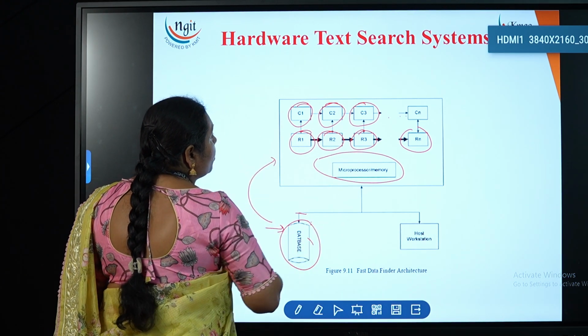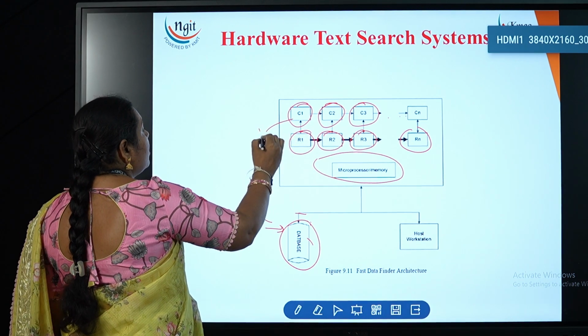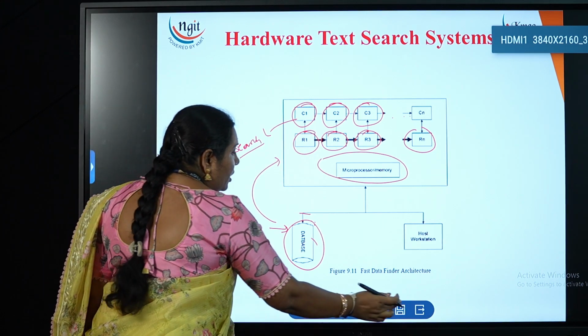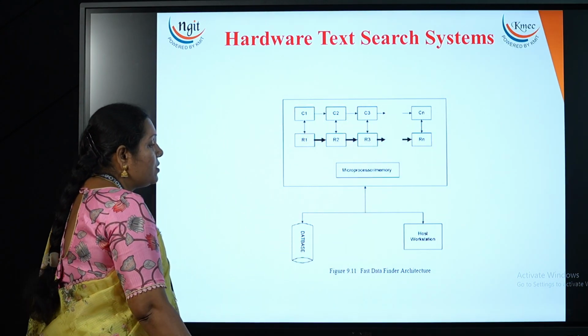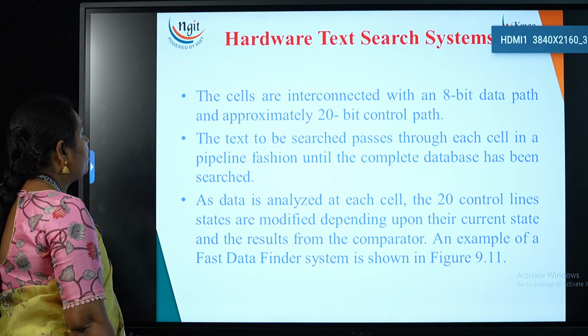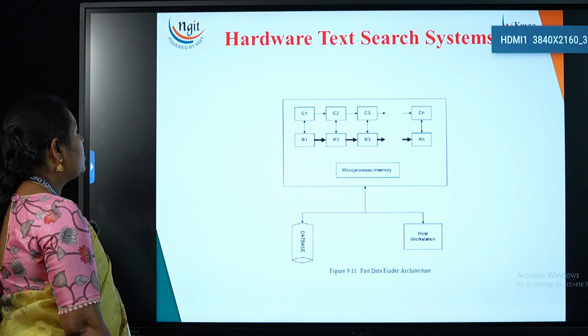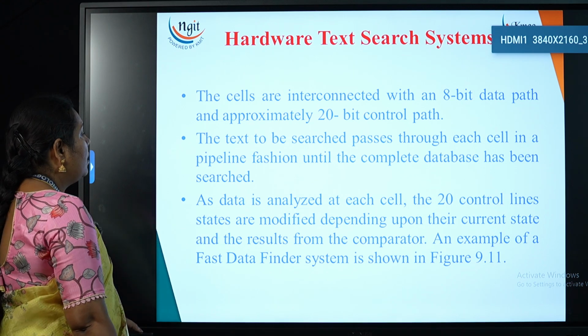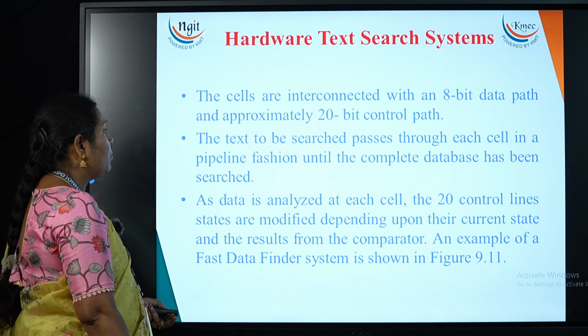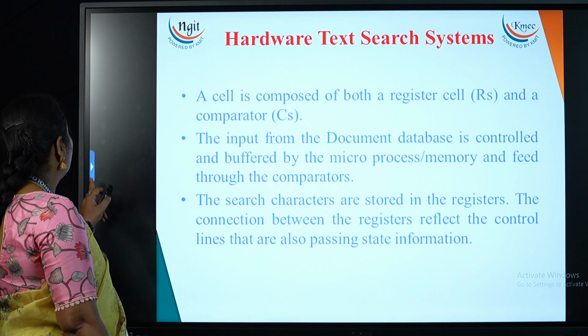Whenever you request any element, these cells will search the memory for that particular element and easily give you the output. This is the Fast Data Finder architecture. The same thing is represented here. You have the 20 control lines, and depending upon the current status or result, it does the comparison.